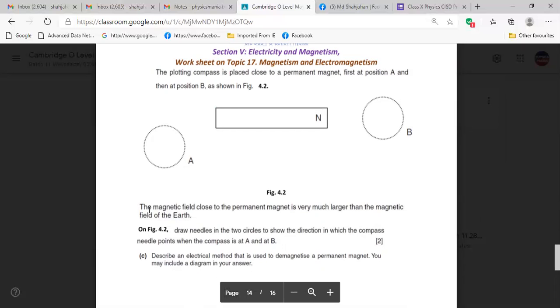The magnetic field close to the permanent magnet is very large compared to the magnetic field of the earth. On figure 4.2, draw needles in the two circles to show the direction in which the compass needle points when the compass is at A and B. Yes. So how will you show the needle here?